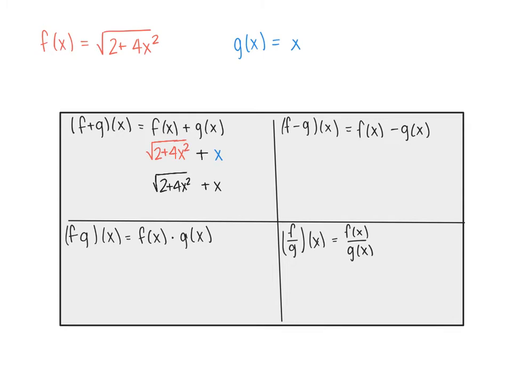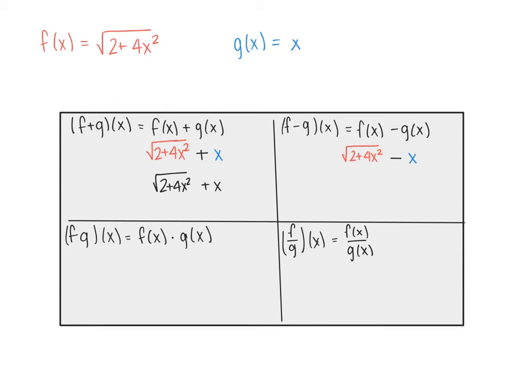Okay, the next one says (f - g)(x). So I wrote out the definition. That's f(x) minus g(x). So f is the square root of 2 plus 4x squared. And if you're wondering where that's coming from, it's coming from this f right here. Each problem will have a different f and g. These all just happen to be referring to these two. So I have f minus g, which is x.